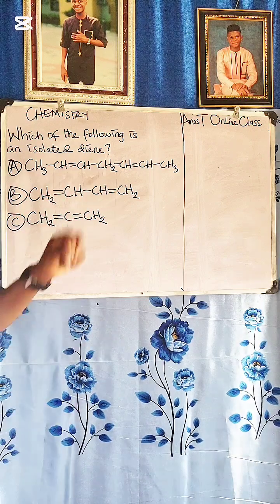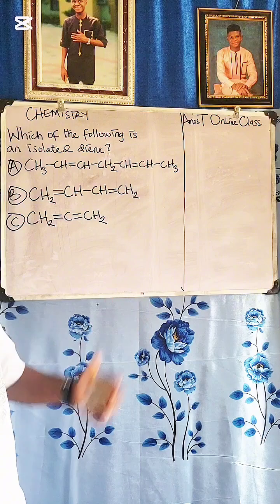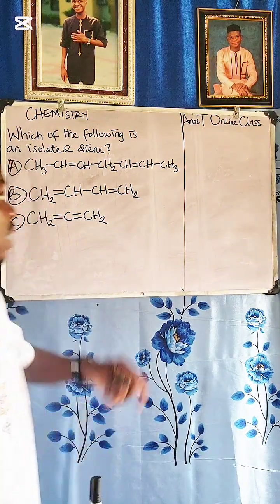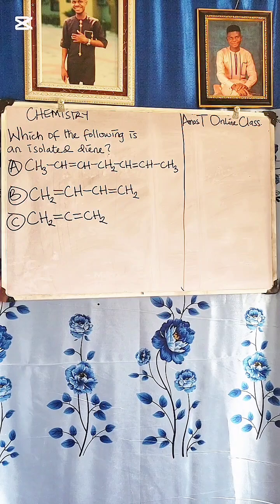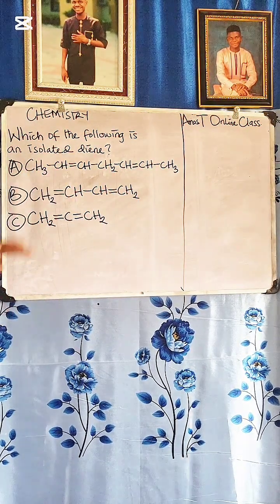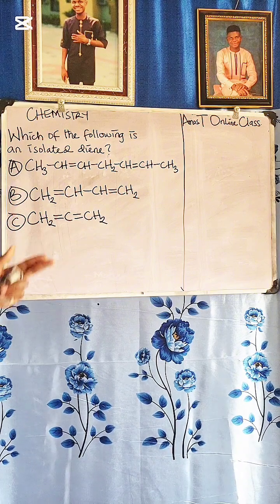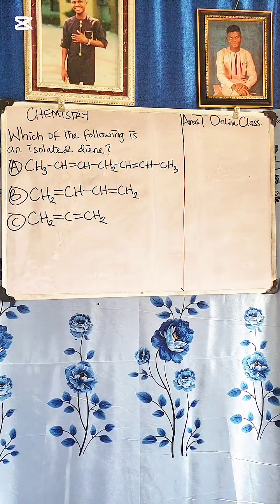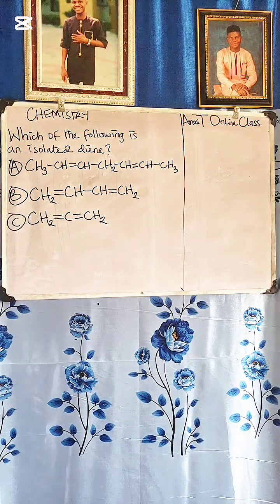In isolated dienes, the double bonds do not commonly interact, because they are separated by a methylene group. So option A is an example of an isolated diene. This diene is called 2,5-heptadiene.